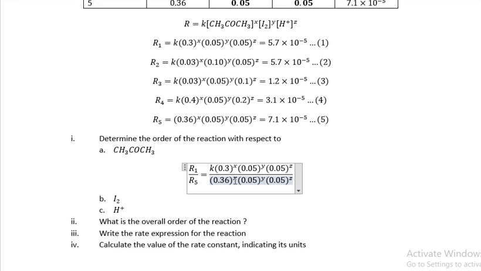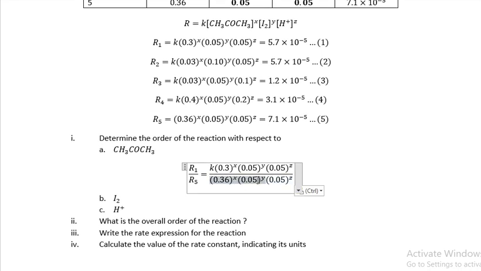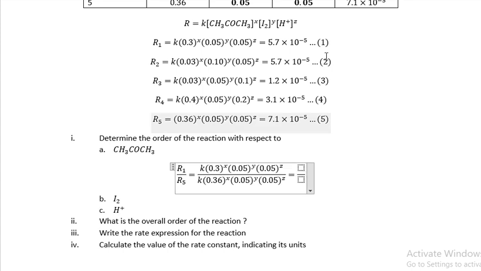Now you clearly see that we are doing this so that this term cancels off with this term, and then it will be easy. It will be easy for us to get, oh, we missed the k. It will be easier for us to get the value of x, because k will also cancel. But in actual sense, what is rate 1?